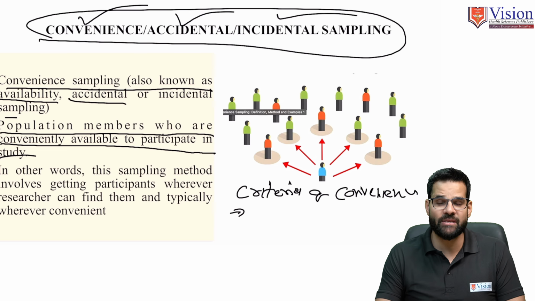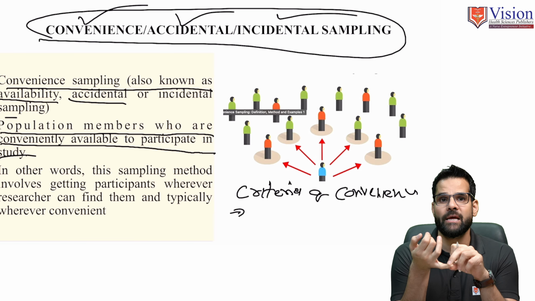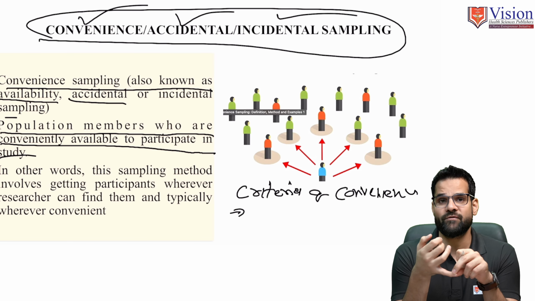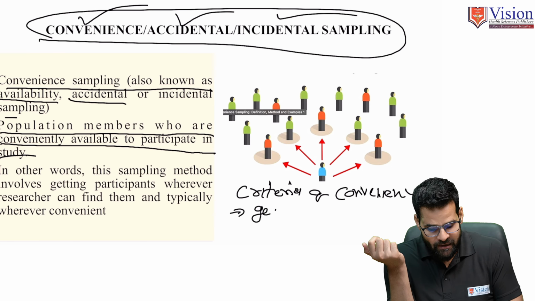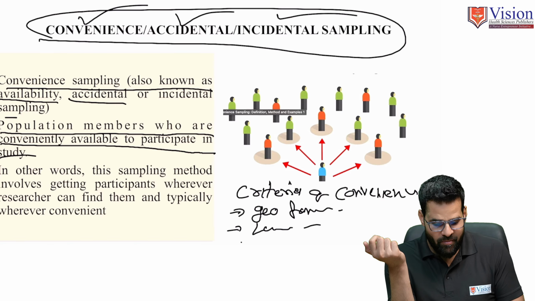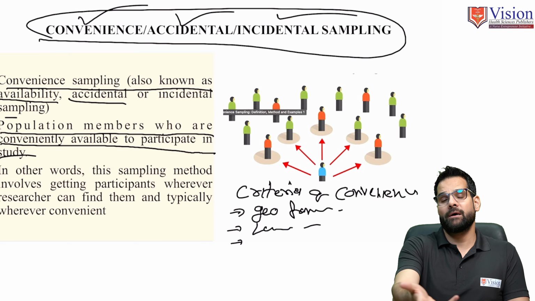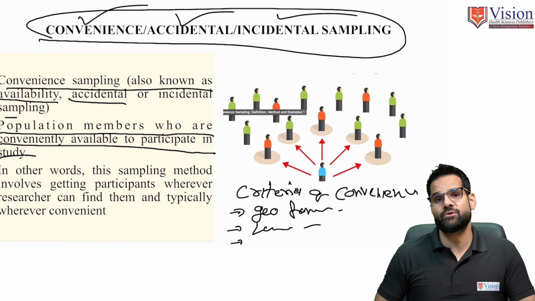Like for example, maybe geographical similarity. In my PhD, I did a study where I took teachers and educators from northern Indian states. Why? Because of geographical familiarity, because of language familiarity, because of my own approach to the administrator, because it was easy for me to get permission to conduct research.